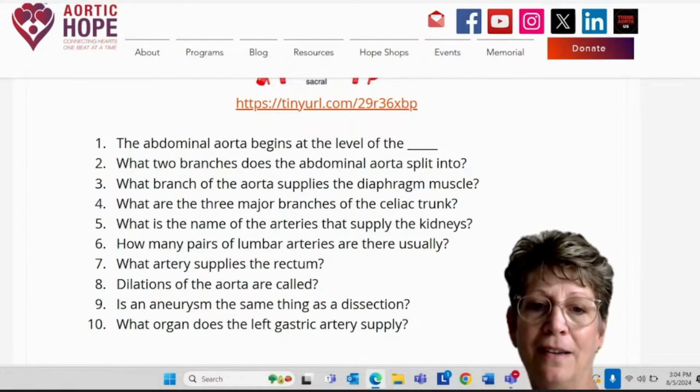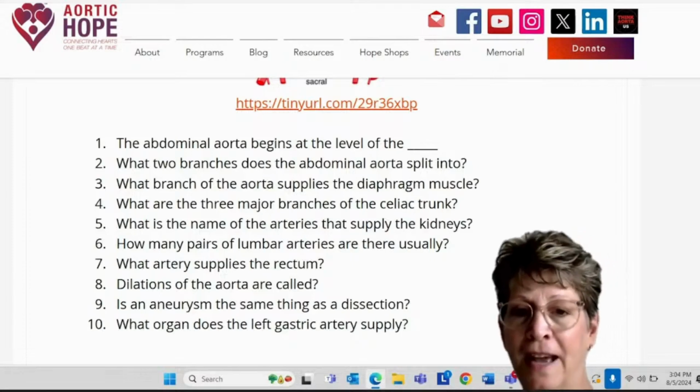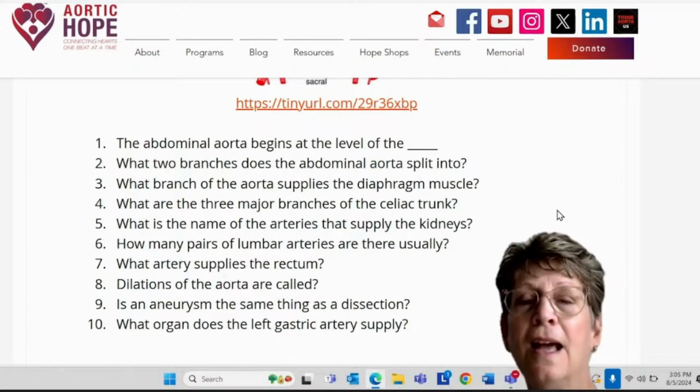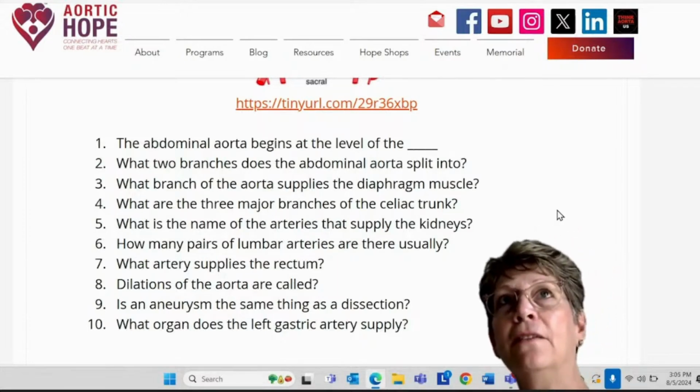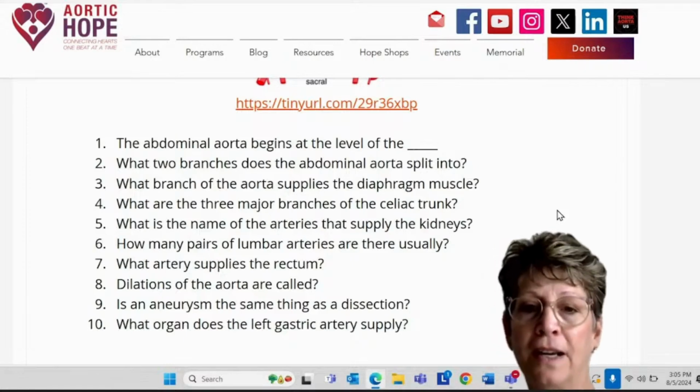My rudimentary understanding says it's at the end of the arch. Okay, I thought it was lower than that. I thought the beginning of the descending was after the arch, but I don't know. I think you're right. Even though it's actually in your chest, I think you're right.